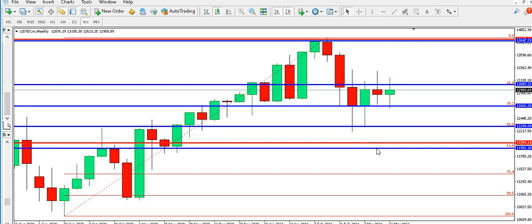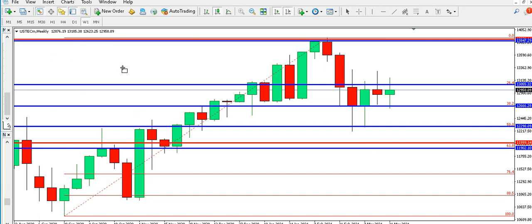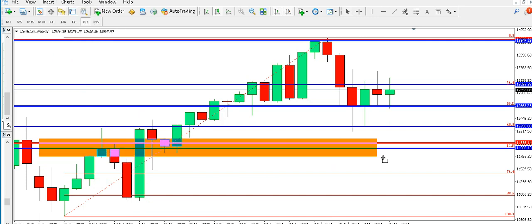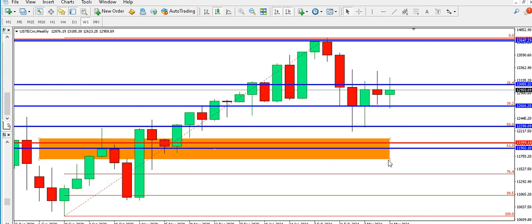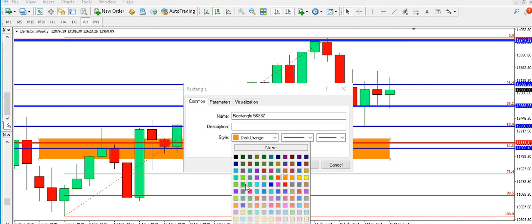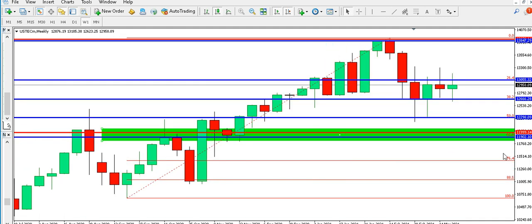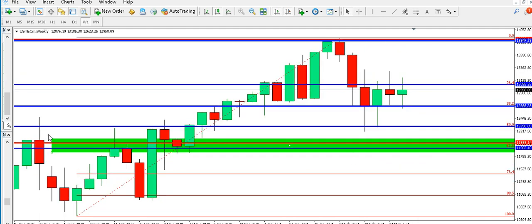Now in case price goes down, we have a strong support zone around here. Let me change the color of the shape to lime. We have a strong support or resistance zone here. Why? Because we have the monthly Fibonacci level here, the red line, and we also have the weekly Fibonacci level here.